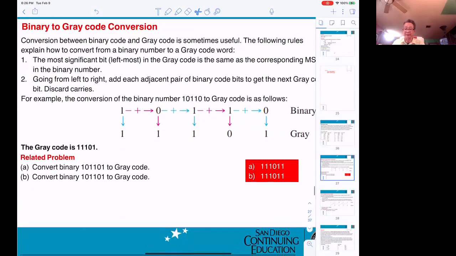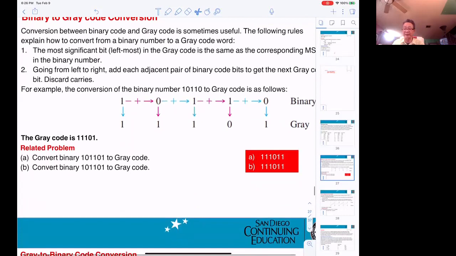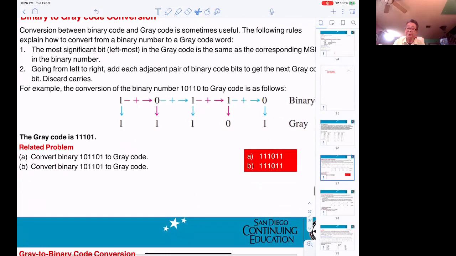Now, I want to talk about if you have a binary, how can we get a gray code? So if you have a binary 1, 0, 1, 1, 1, 0, you want to convert it into the gray code. First thing, this one here, you bring down here. That's the first step.